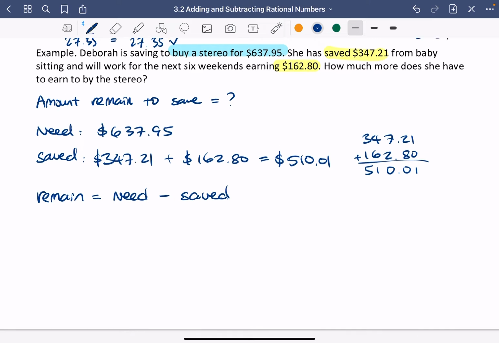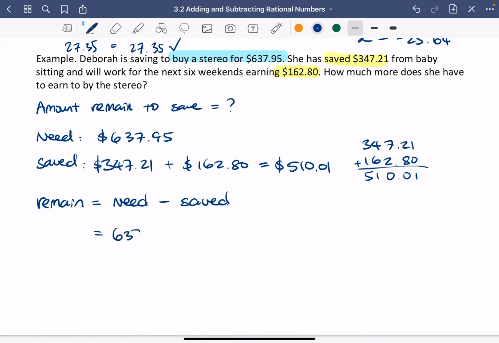So the amount she needs is 637.95, and she has saved 510.01. And so if you subtract these two, it will equal to, let's calculate that, 127.94.